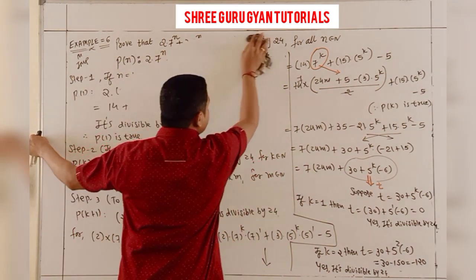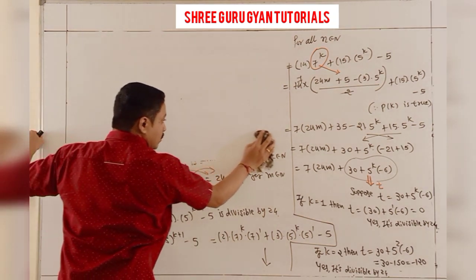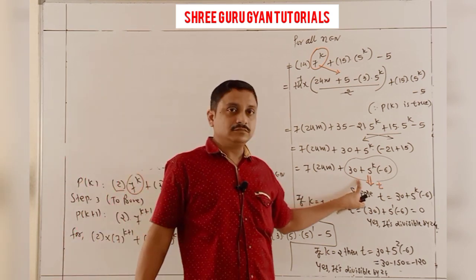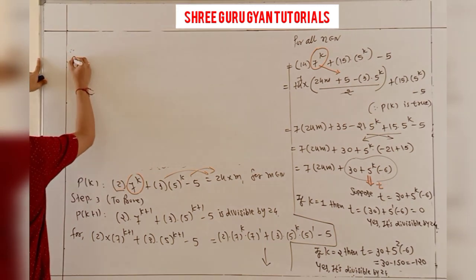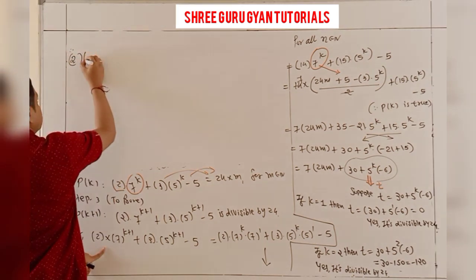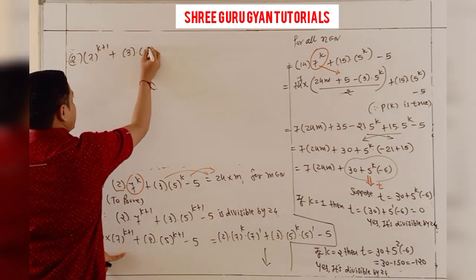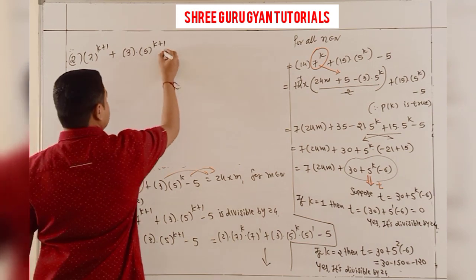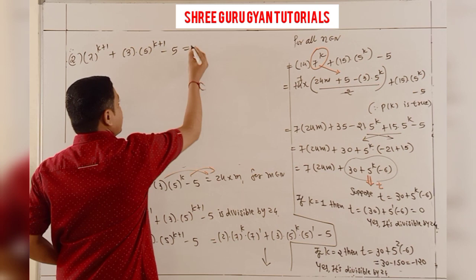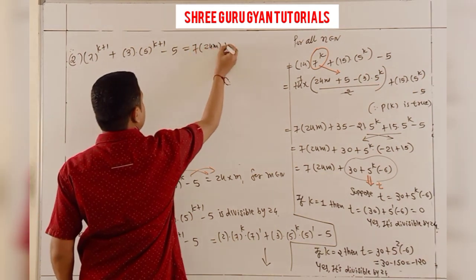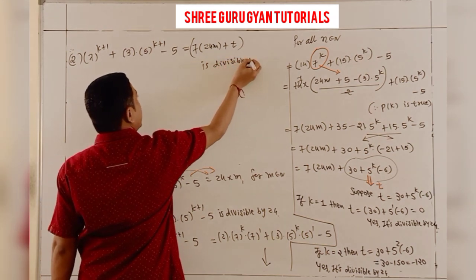It means finally, students, what we derive? We derive that this value is divisible by 24. So finally I write down the statement again: 2 into 7 raised to k plus 1, plus 3 into 5 raised to k plus 1, minus 5 is equal to, after all these steps, 7 into 24m plus T, which is divisible by 24.